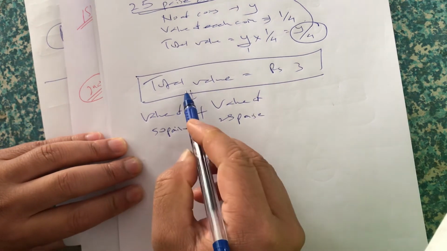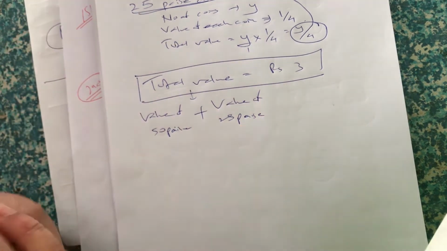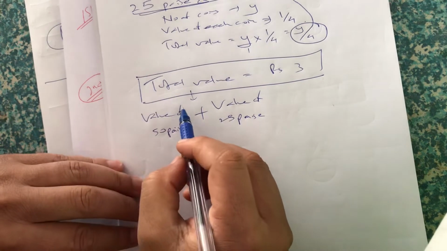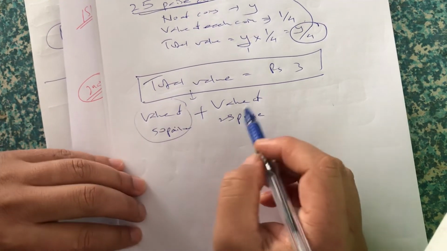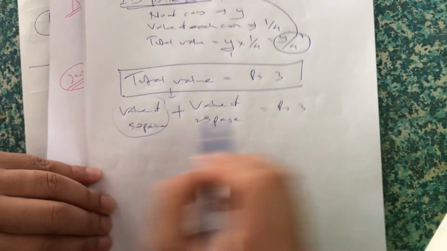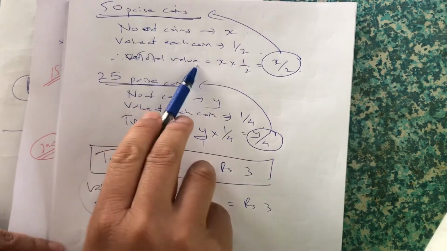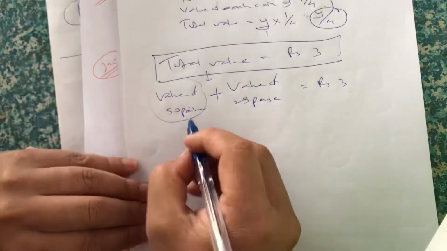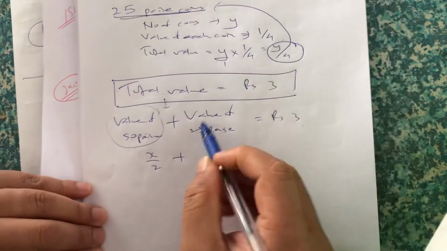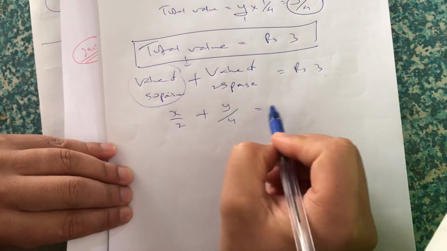Why? Because I have 50 paise coins mixed and 25 paise coins mixed. If I put them together, only then I get my total value, which is equal to rupees 3. So x by 2 plus y by 4 is equal to 3.